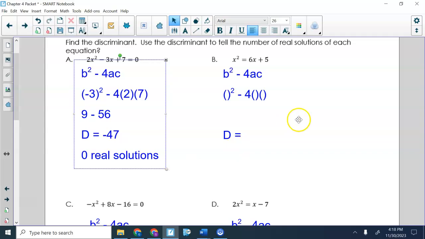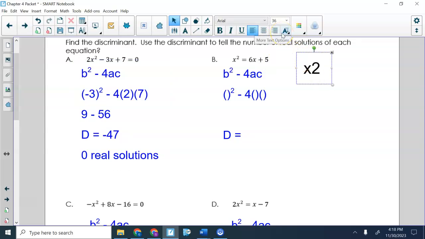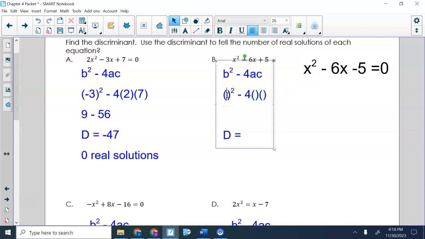All right, let's look at B there. So for this one, you need to rewrite the equation. So we can leave it as x squared, but we need to subtract that 6x and subtract that 5. So if we subtract those two, we end up getting x squared minus 6x minus 5 equals 0. All right, so for the B, we can put in negative 6 squared minus 4ac.